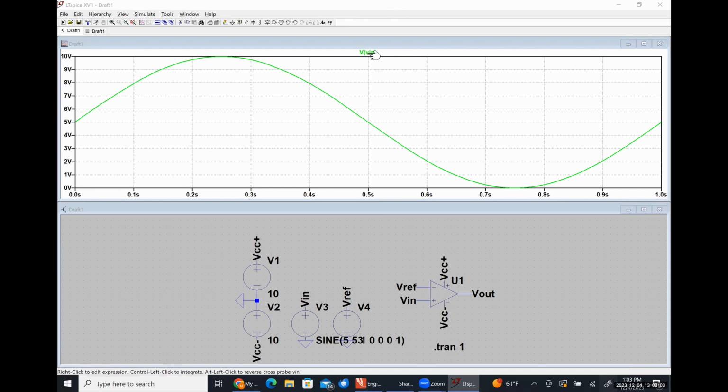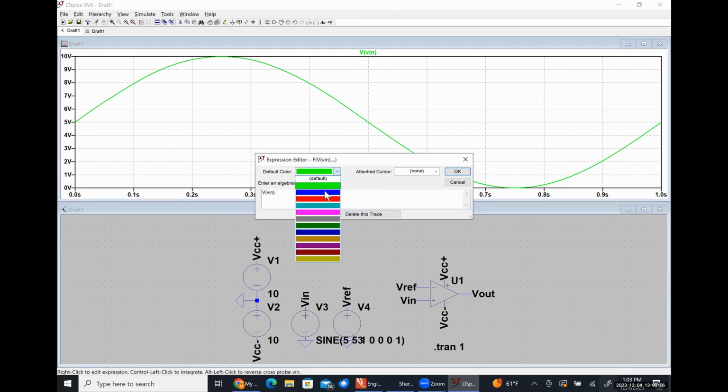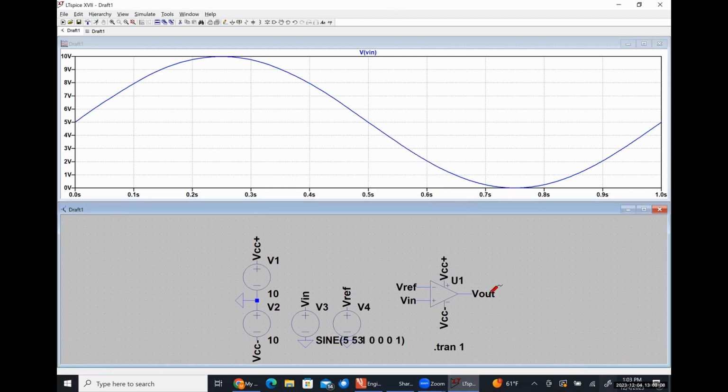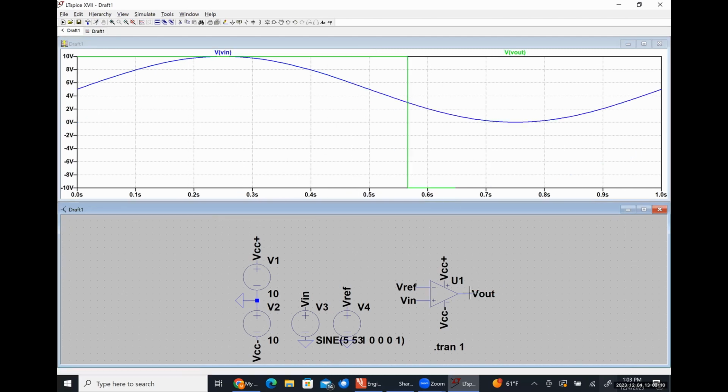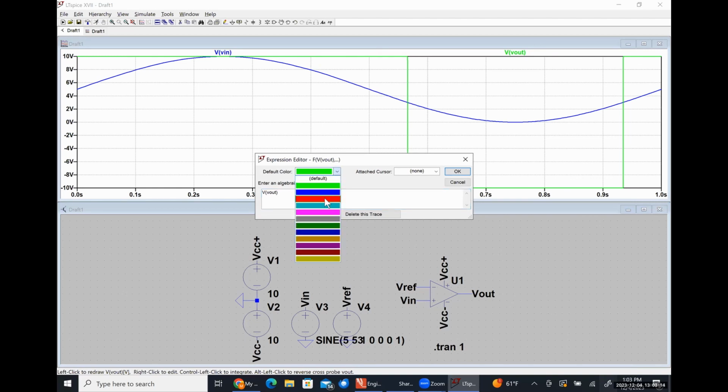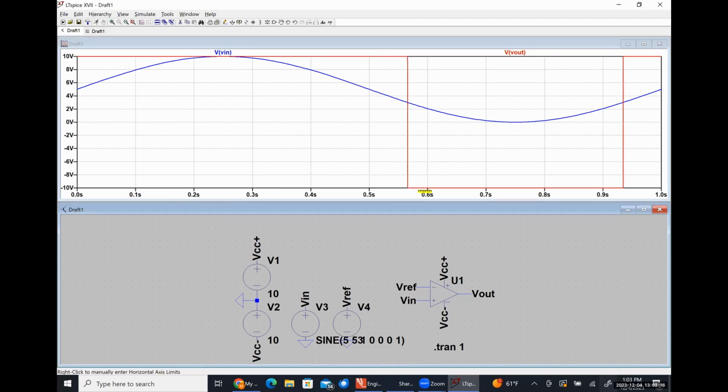I'm going to change the color of this so that you guys can see it a little better. Let's put it in blue. And then I'm going to have my output voltage here. I'm going to change the color of that and put it in red. So we can see that whenever my input voltage is higher than my reference voltage, and actually, let me throw something on here as well.